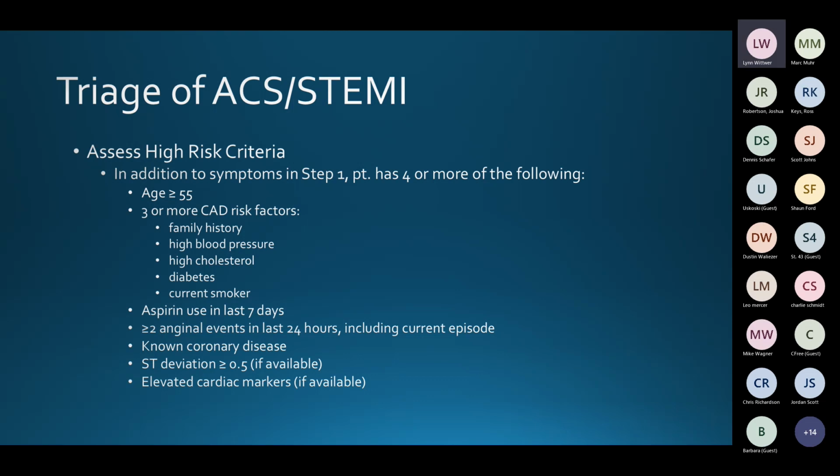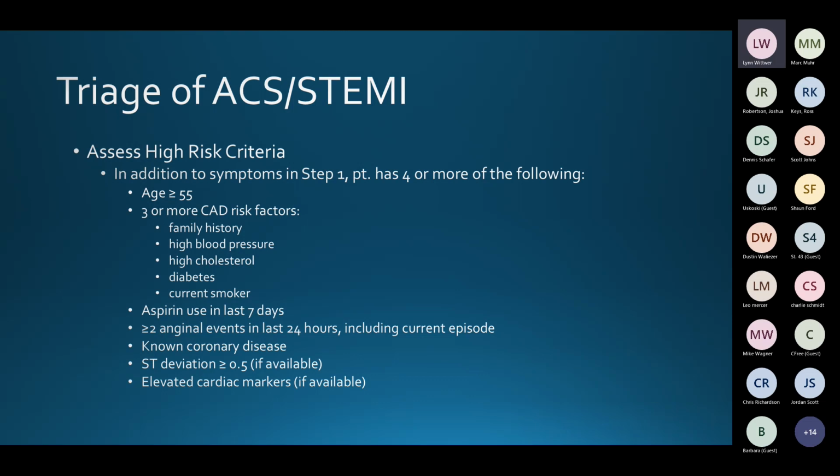And then ST elevation of only 0.5, not 1. And of course, the ST deviation, which could be elevation or depression, probably indicates ischemia. And it should be in 2 contiguous leads.